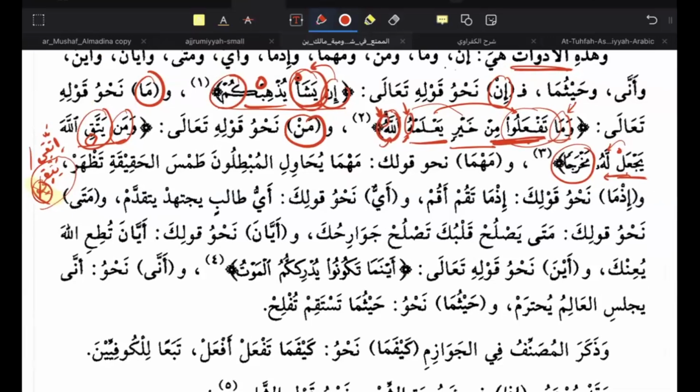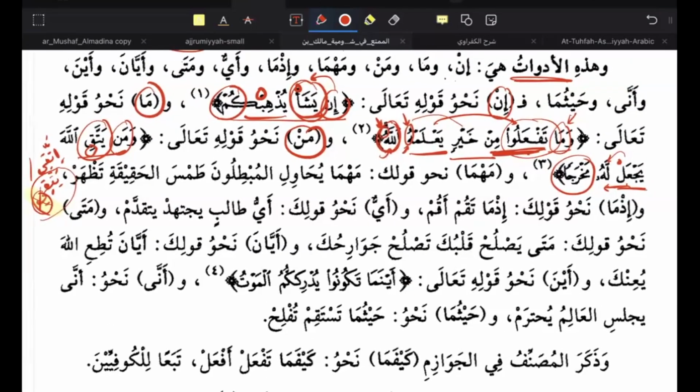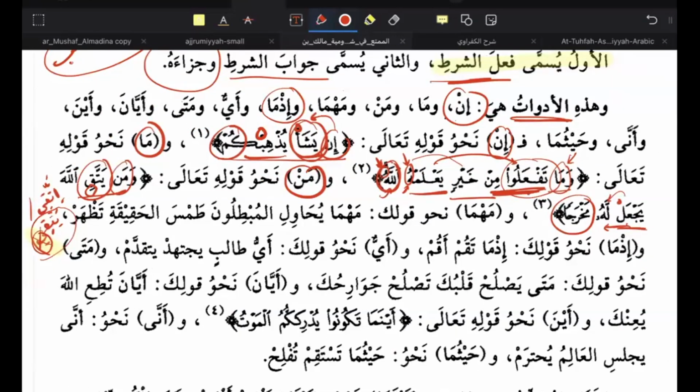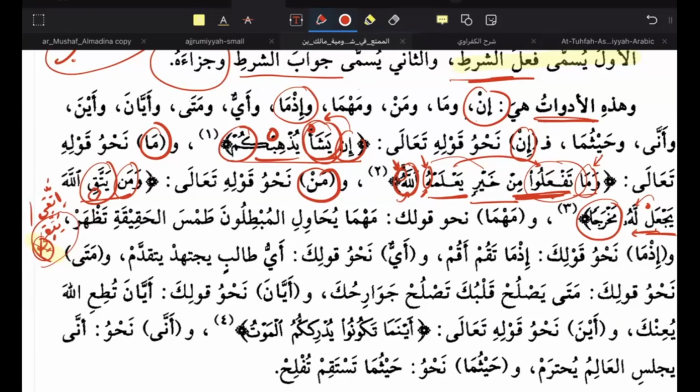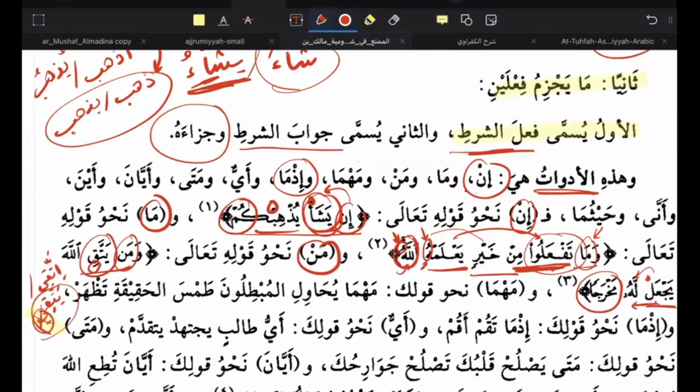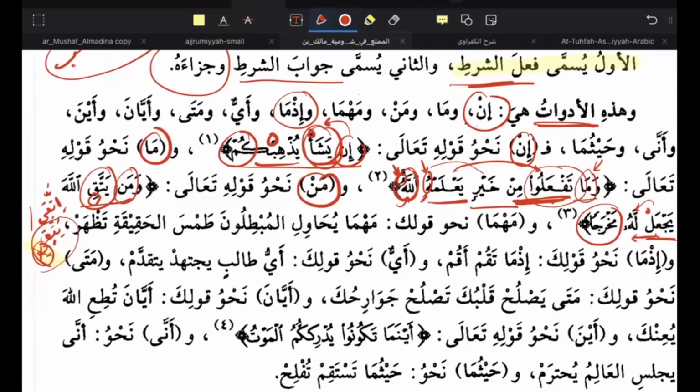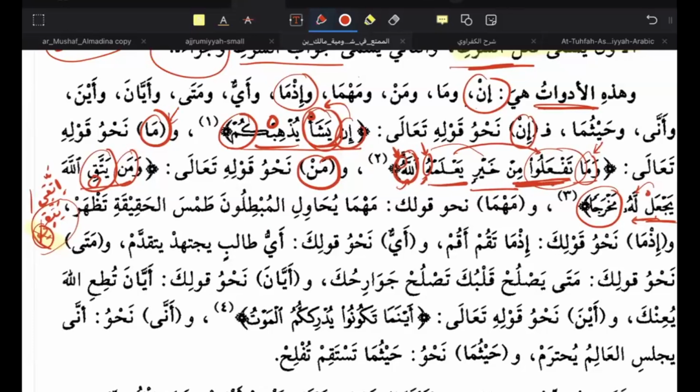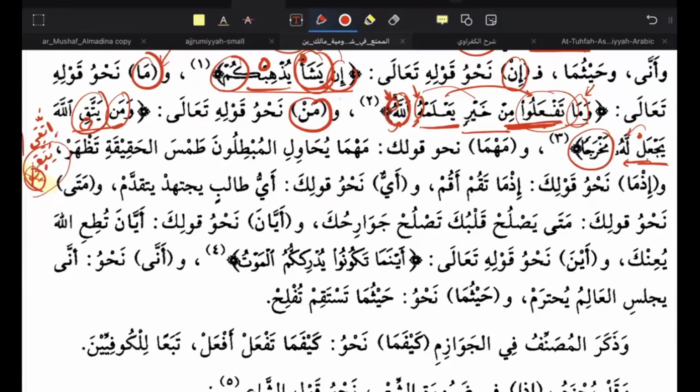Now you got the standard of how the conditional statement works, right? All of them will work pretty much the same way. Let me see if I can go through at least the meanings. We have in, which is if. Then you have ma, which is what, and man, which is who.